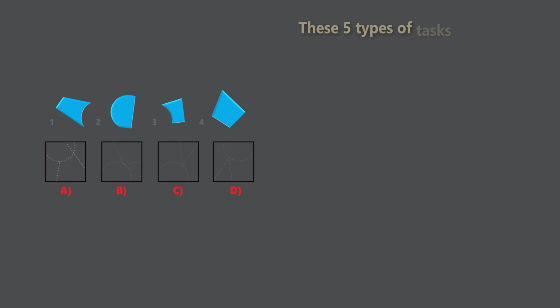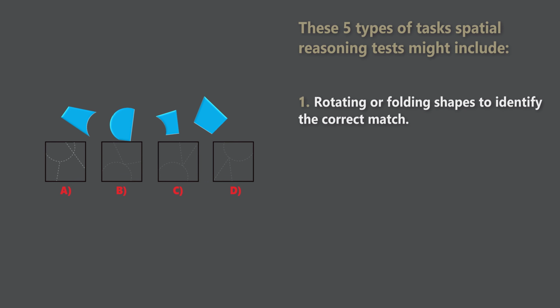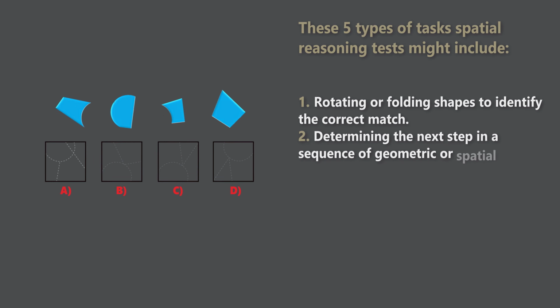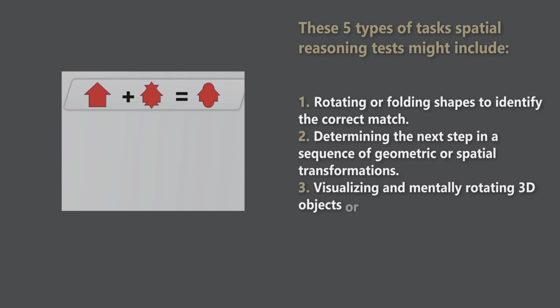There are usually 5 types of tasks spatial reasoning questions might include. Number 1 is rotating or folding shapes to identify the correct match. Number 2 is determining the next step in a sequence, geometric or spatial transformation. Number 3, visualizing or mentally rotating 3D objects or shapes.